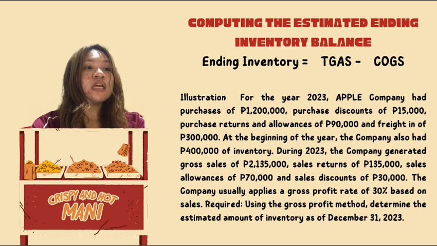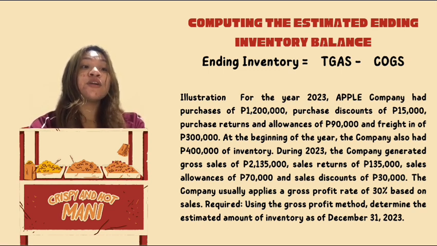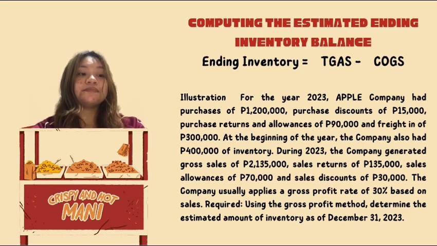During 2023, the company generated gross sales of 2,135,000, sales return of 135,000, sales allowances of 70,000, and sales discount of 30,000. The company usually applies a gross profit rate of 30% based on sales. Required: using the gross profit method, determine the estimated amount of inventory as of December 31, 2023.